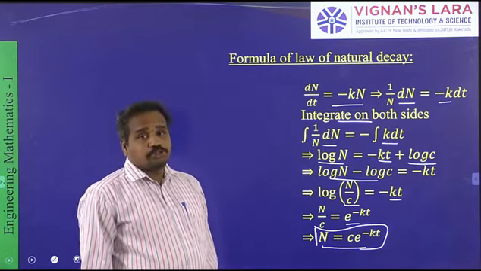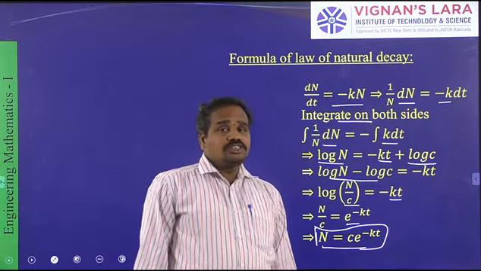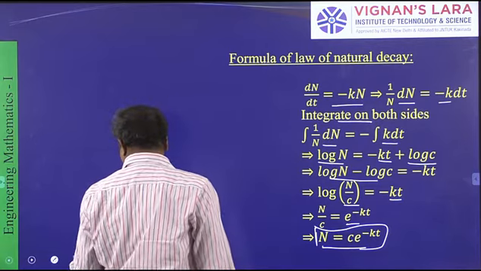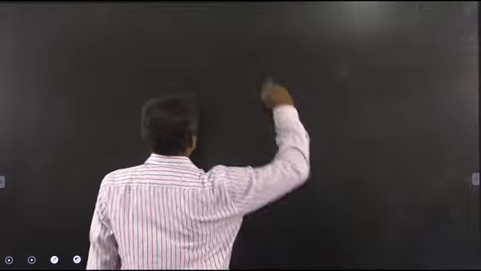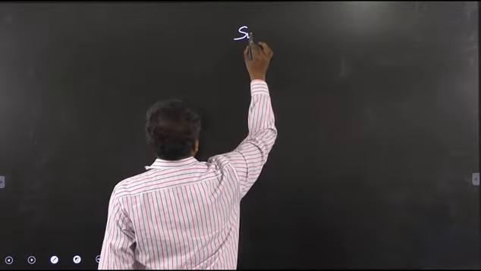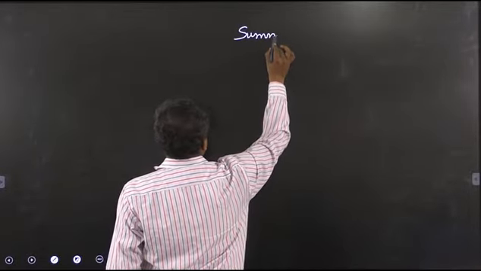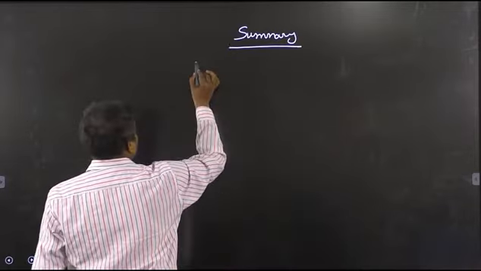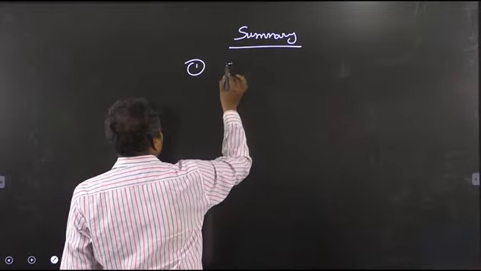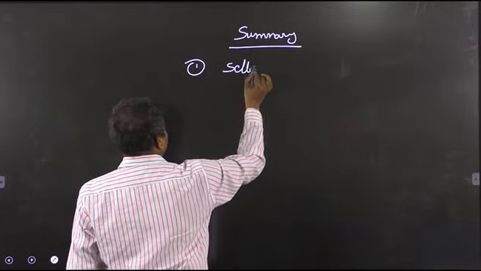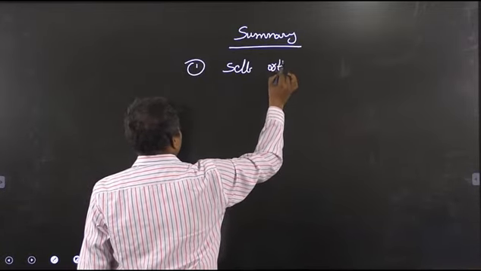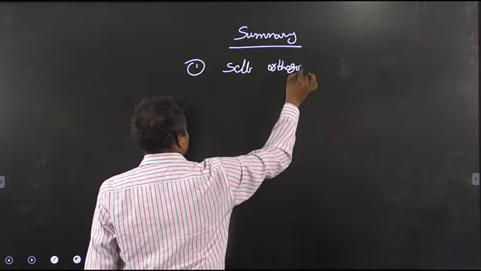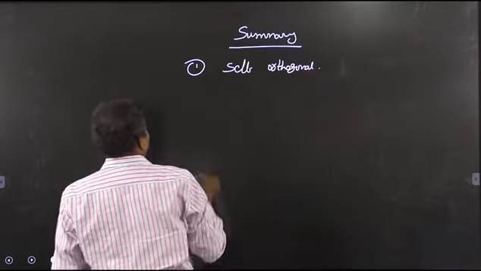So with this, I am stopping this session. In this session, what did we learn, what did we do? Summary. In this session, first I talked about self-orthogonal trajectories.